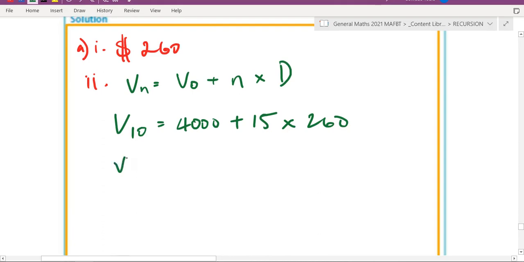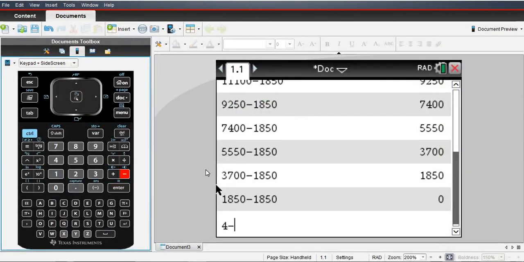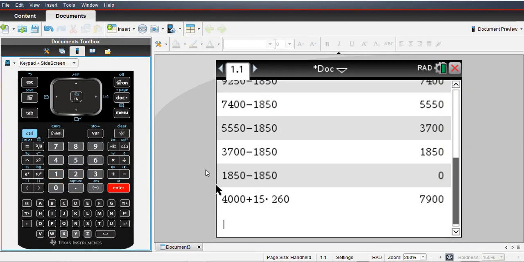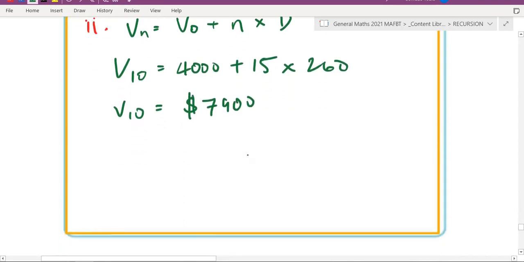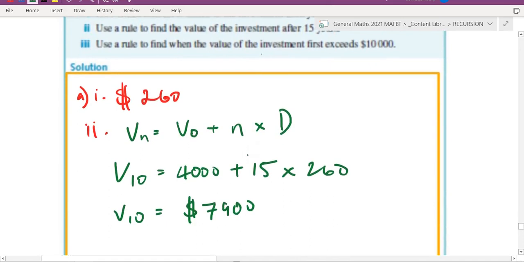So it's 4,000 plus 15 times 260, which is 7,900. Straightforward, nice and easy.